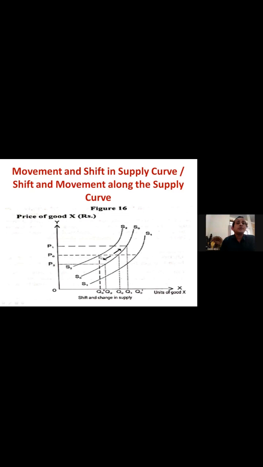Now, if we think that price has increased to P1, with this increased price, OQ1 will be the quantity supplied.